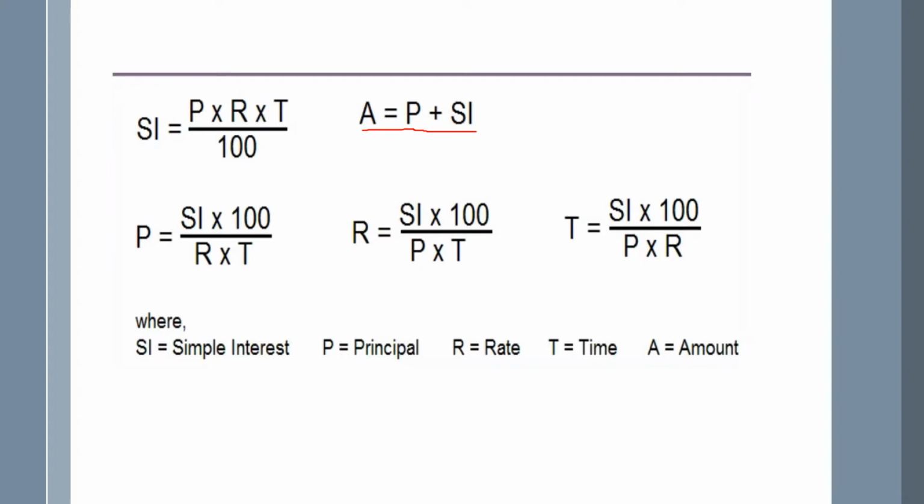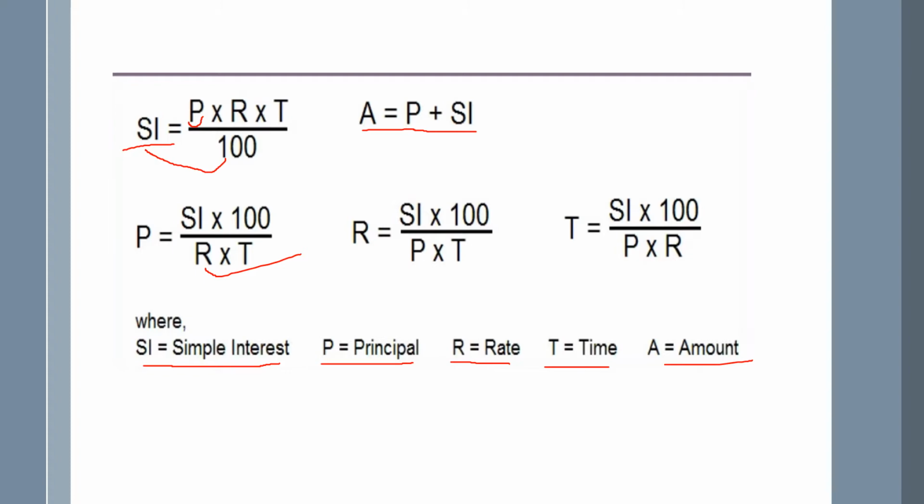And for principal, you can do the transposing, right? If you want to find the value of P, 100 will go to the other side, so it will be SI into 100, and R into T will go in the denominator. Similarly for rate and time. SI is simple interest, P is principal, R is rate, T is time, A is amount.